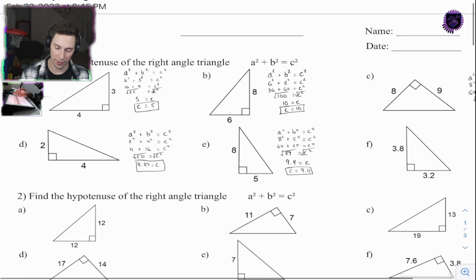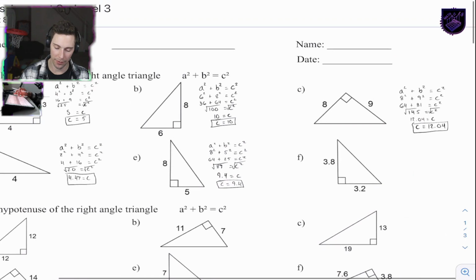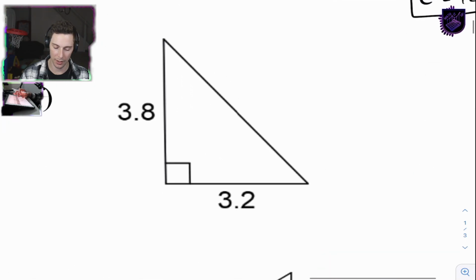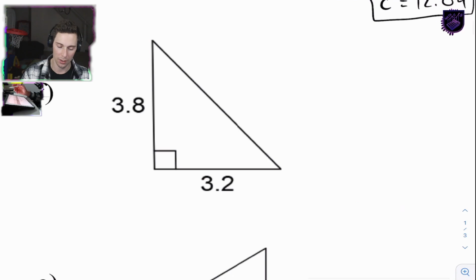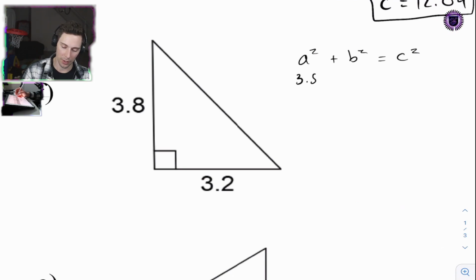All right, let's move on to 1F. Ooh, it's a decimal. 3.8 and 3.2. So a squared plus b squared equals c squared. It's always good to write out that formula and fill in what we know. 3.8 squared plus 3.2 squared is equal to c squared.